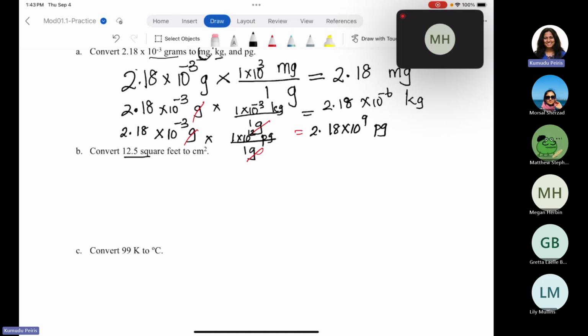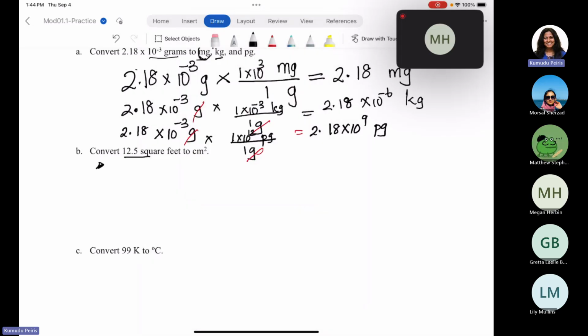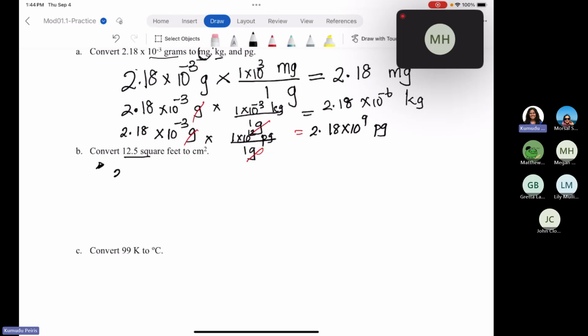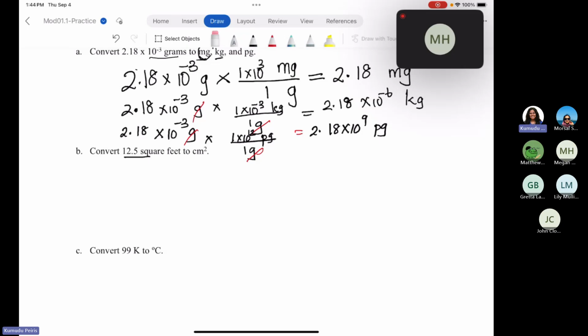So this is combining two steps. So again, we will start with the value we were given, 12.5 square feet times, right?